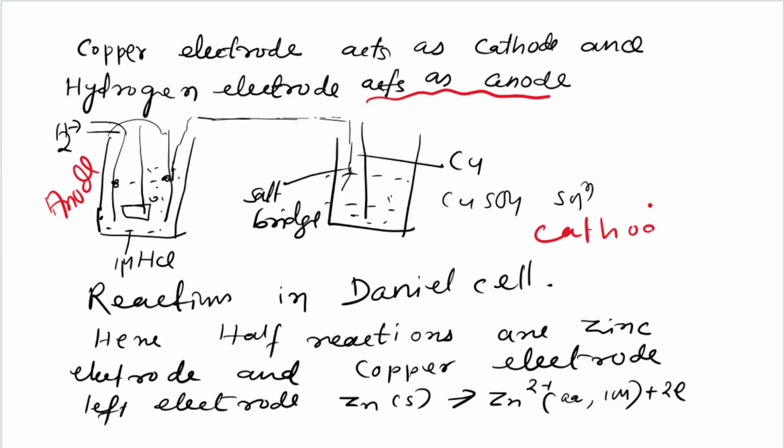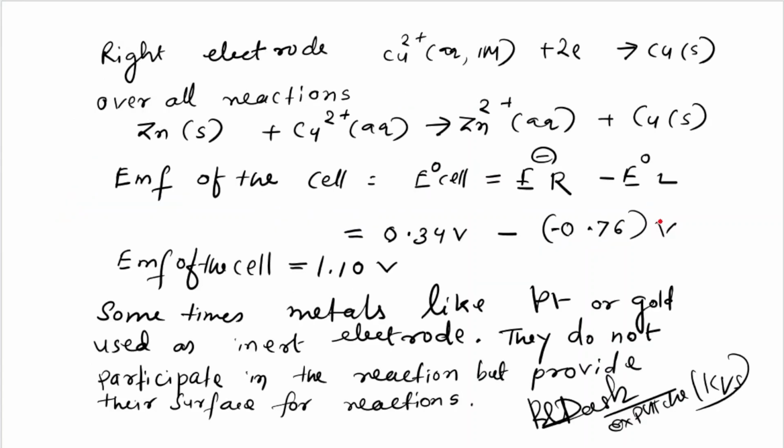Then the reaction in the Daniell cell. What are the reactions? Here are the half cell reactions of the zinc electrode and copper electrode. The left electrode, that is on the left side, is zinc, and the right electrode is copper. So what is the reaction? At the right electrode, Cu plus 2 plus 2 electrons gives Cu solid, and on the left side zinc loses 2 electrons to give Zn plus 2.